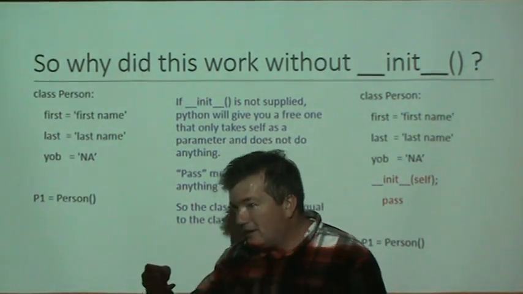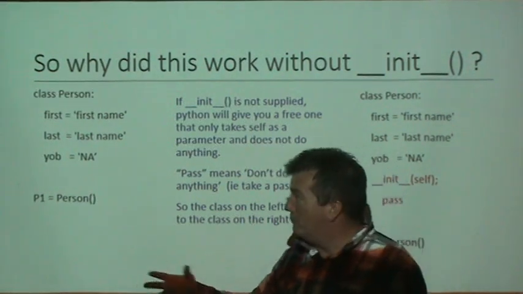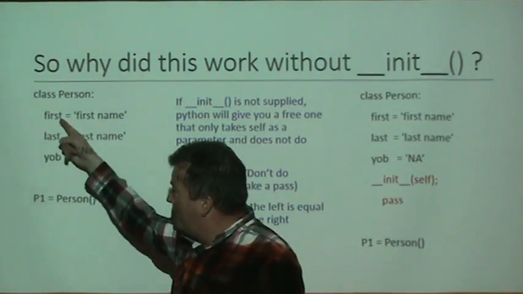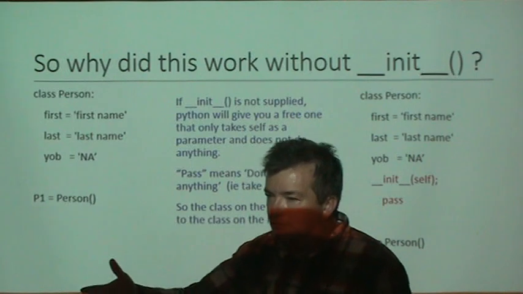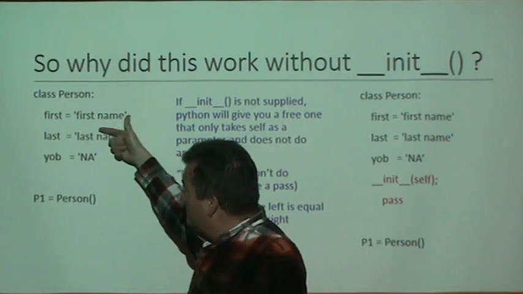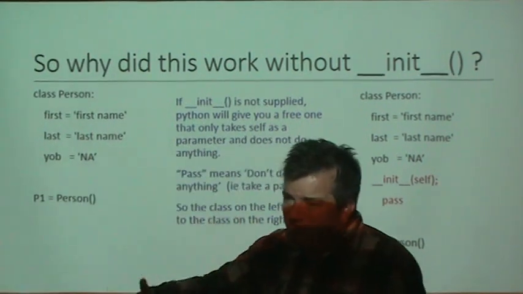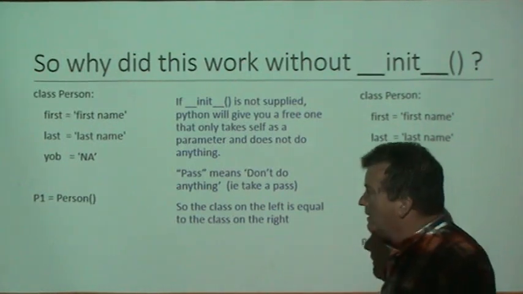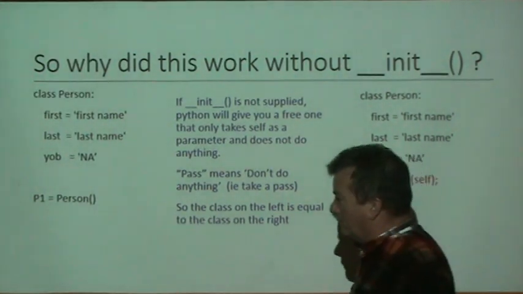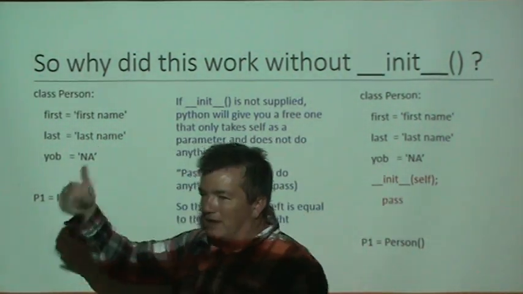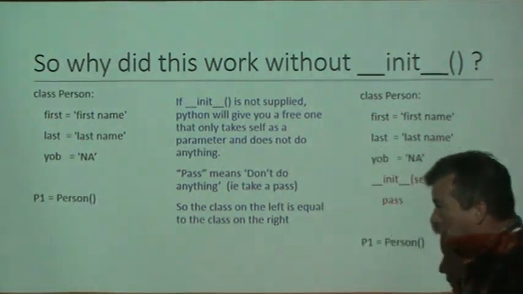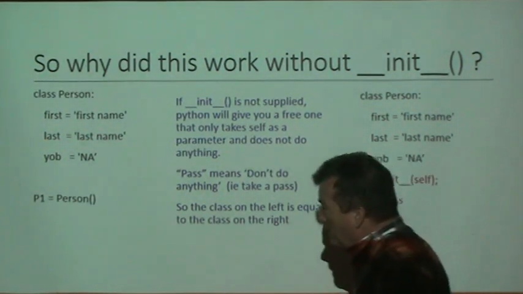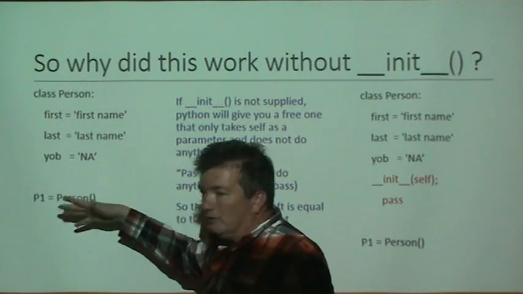So you would think it should be required, but it's not. I could have 3 fields, no init function, and I could set them myself to default values, or just not set them, and Python will set them to whatever the default values are for fields, but we don't know what the fields are. Are they integers, floats, or whatever? We don't know what they are, so Python wouldn't know how to set them. But this is actually legal Python.